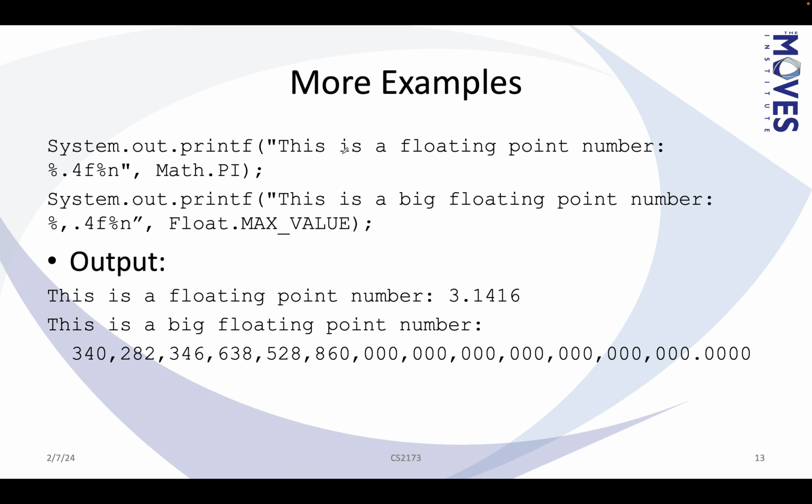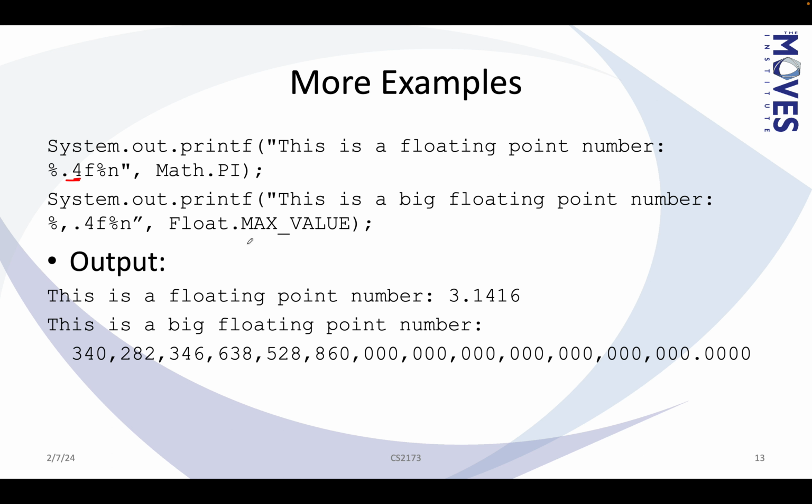Now for floating point numbers, the same thing happens. It is optional to give the number of decimals. Here what I'm saying is I want 4 decimal places, and a dot 4 is the thing. If I leave that off, it'll just print whatever.